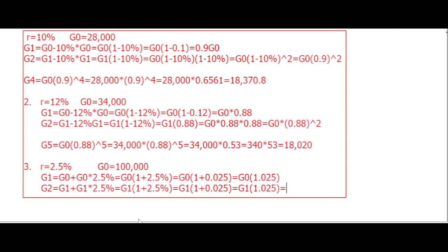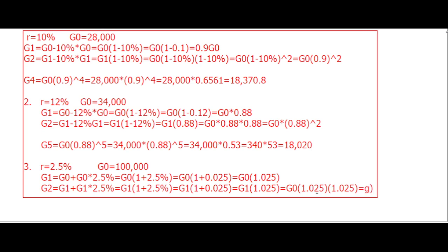Instead of G1, let's substitute this: G naught times 1.025 times 1.025, which is G naught into 1.025 squared.